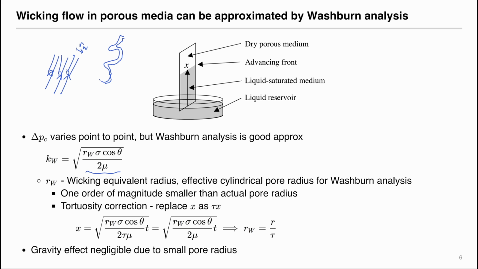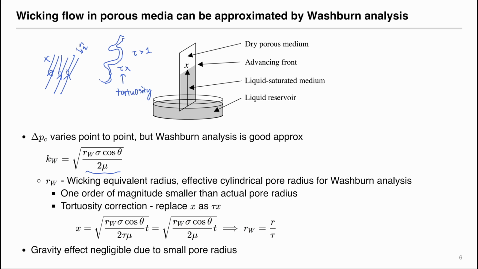We correct that by saying that originally we have X, and now we correct for tortuosity using the tortuosity constant, tau. So we have the distance now is tortuosity multiplied by X, where tau is usually greater than 1, so that the distance traveled is longer.